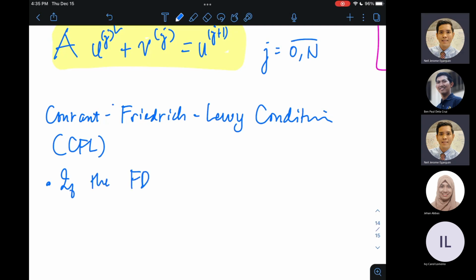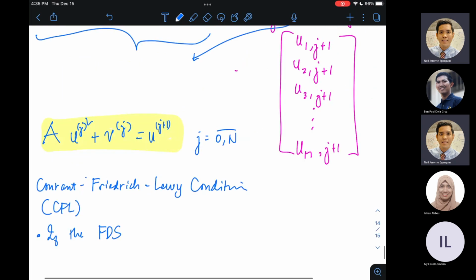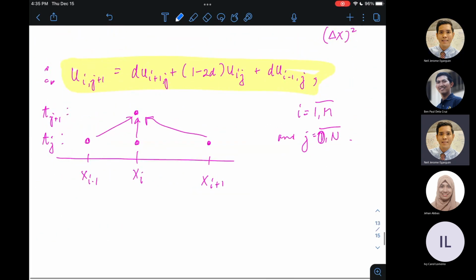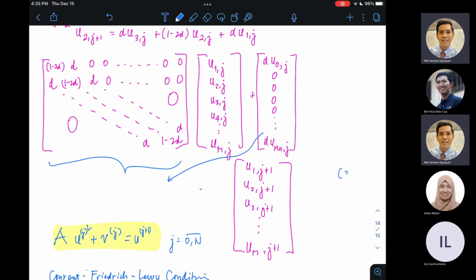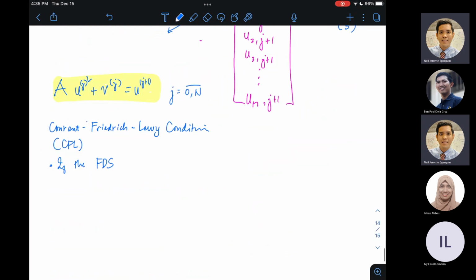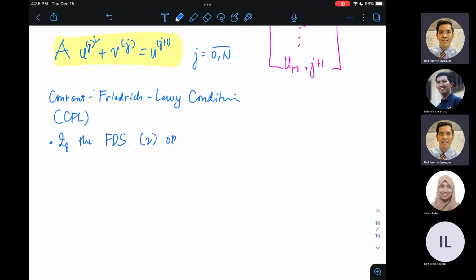the FDS or the finite difference scheme, let's call it, did we number our FDS already? Hindi pa pala, no? So tawagin natin itong 2. Let's call this equation 3, right? So if the FDS 2 or 3 converges, then the following bounds or the following inequality is true.